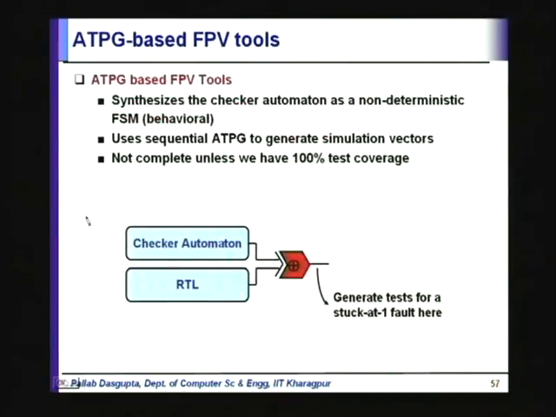There is one thing which I missed out, which is that there are some ATPG based FPV tools. Now, from your testing course you know what ATPG is. So, the idea is pretty simple. We take the checker automaton, we take the RTL, and then we synthesize the checker automaton as a non-deterministic FSM, a behavioral state machine, and then we want to find out whether the checker automaton output and the RTL output will differ at some point of time.